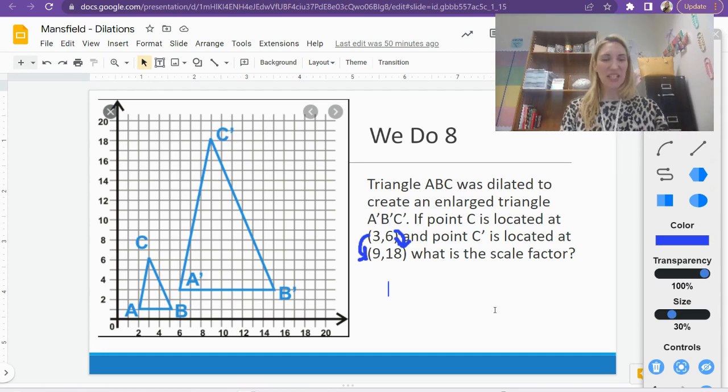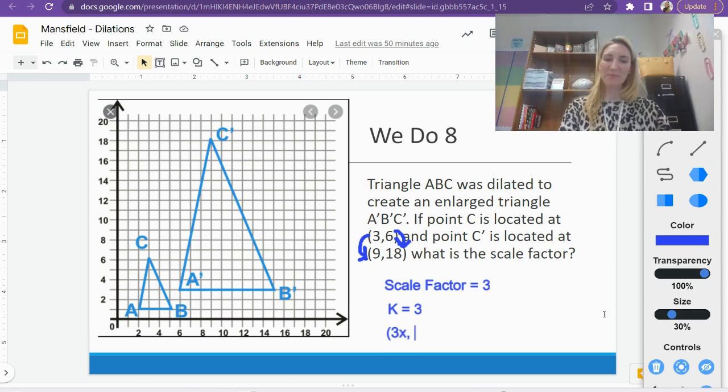So go ahead and write your scale factor. Scale factor is 3. You can also write something like k equals 3. Remember, the scale factor is represented by the letter k, right? Very good. You can also write like this: 3x, 3y, right?